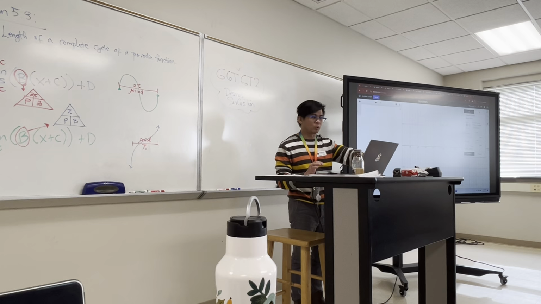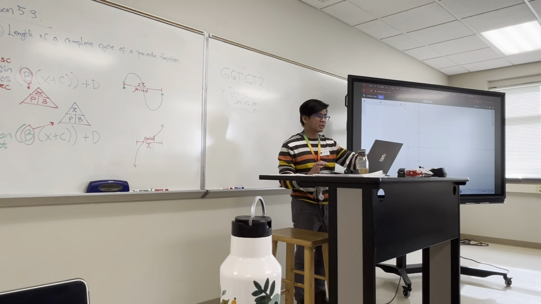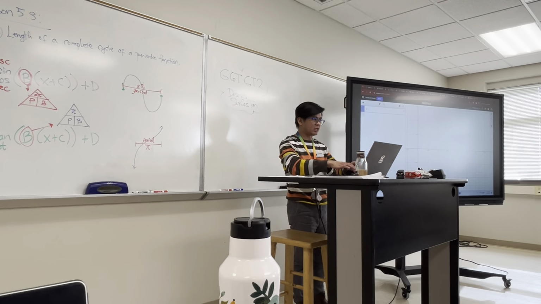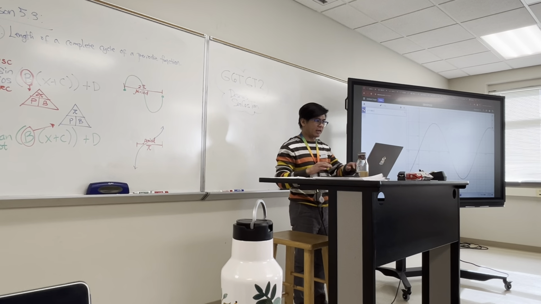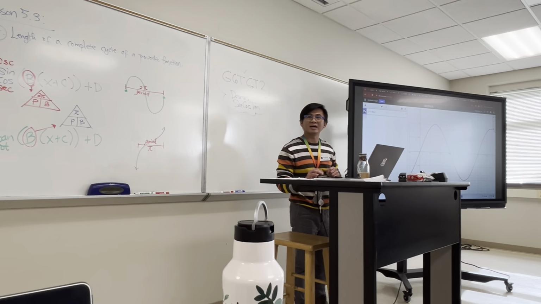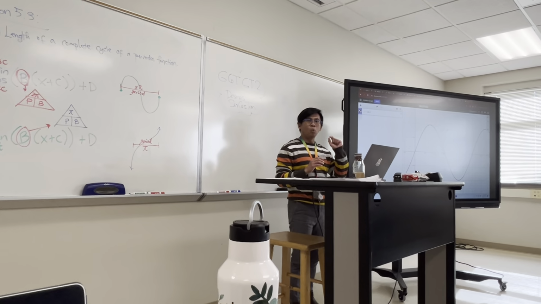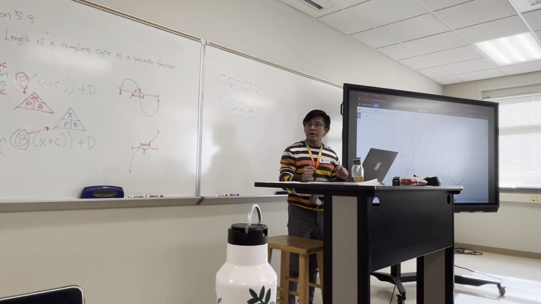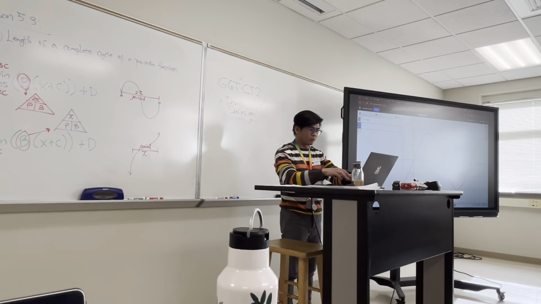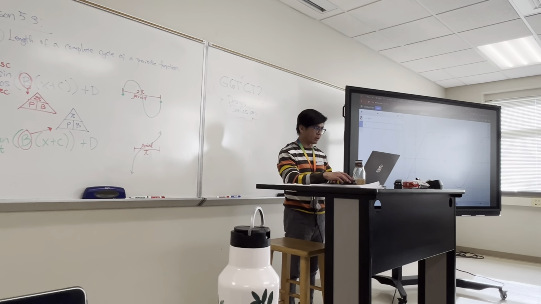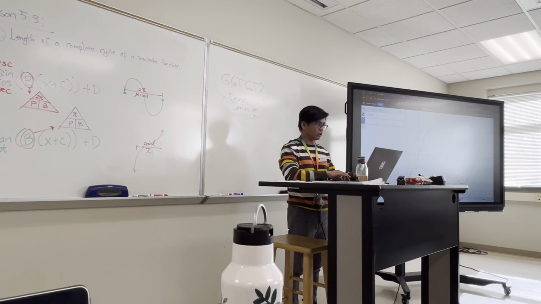Are we good for the y? So here it is. Now let's type it in here. y is equal to sine x. Got it, guys? So as you may notice in sine x, one period is where? From 0 to 2 pi, right? So in here, this is what I'm going to do.